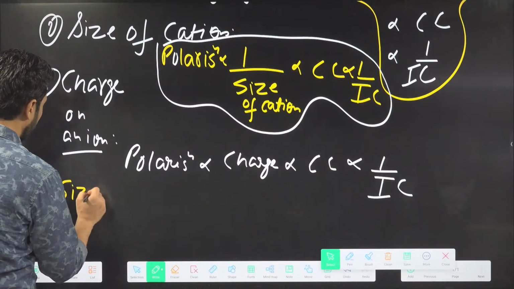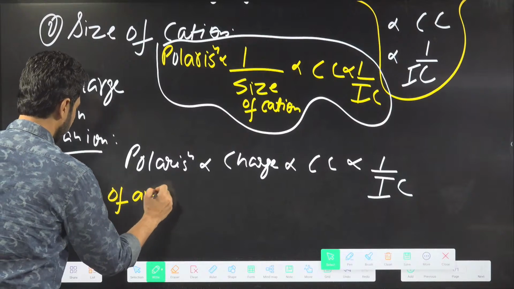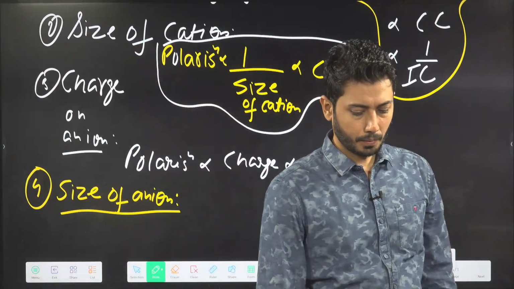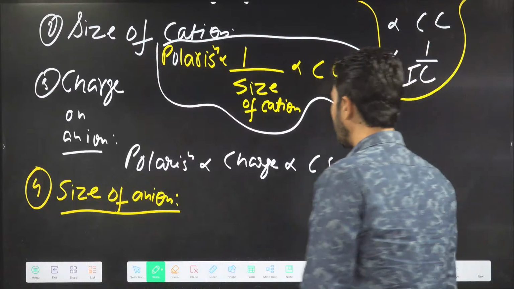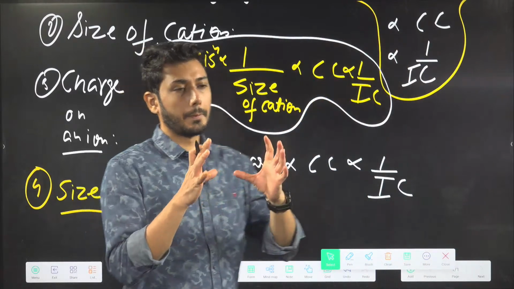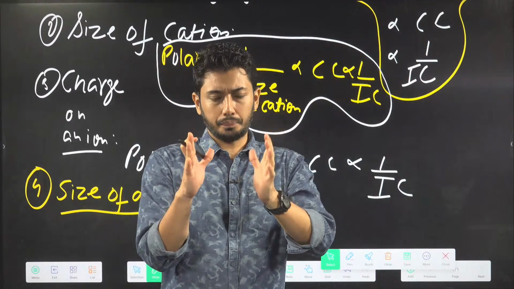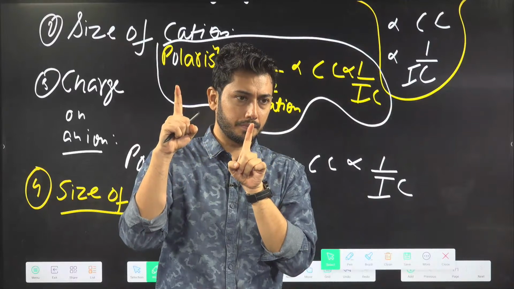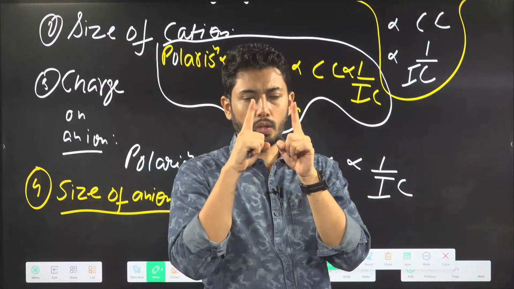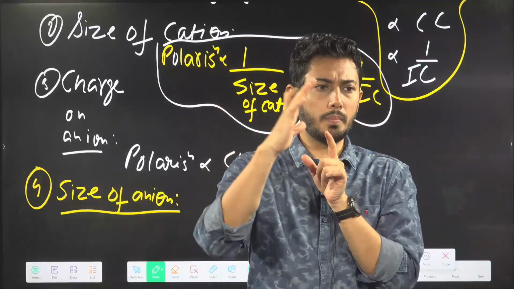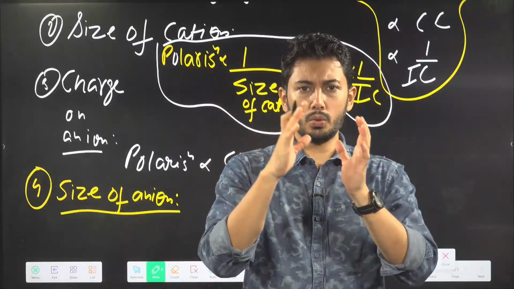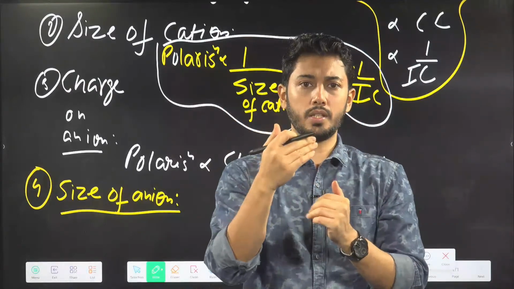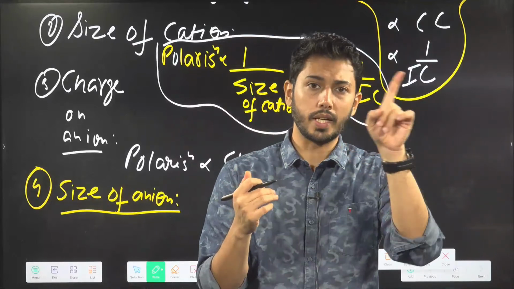Next is size of anion. Size of anion में, if anion is of bigger size, then what happens? The electron distance from the nucleus will increase, hence they are loosely bound to the nucleus. And if they are loosely bound to the nucleus, then these electron clouds or electron density will easily distort towards cation.